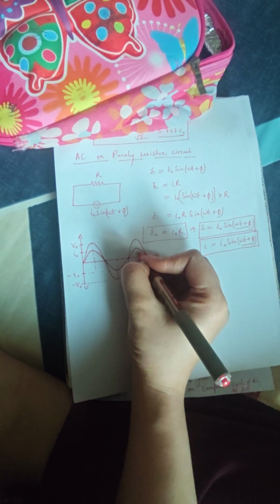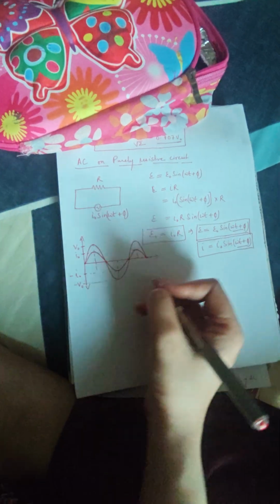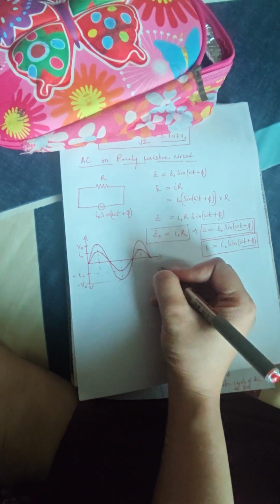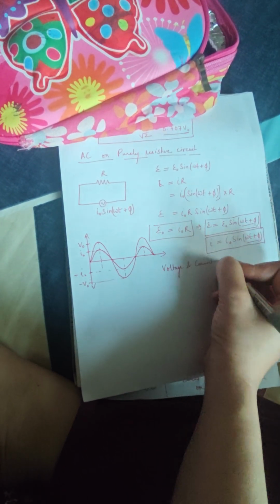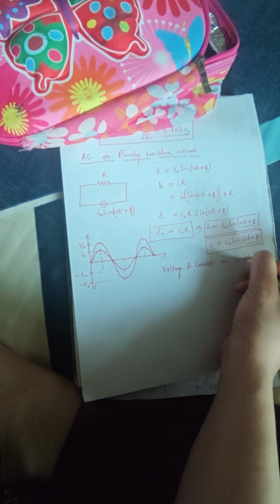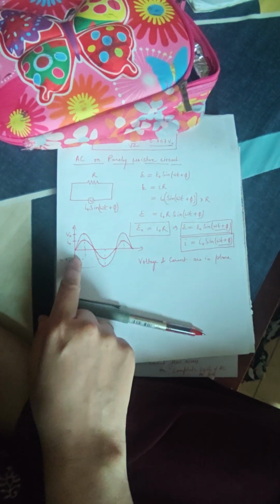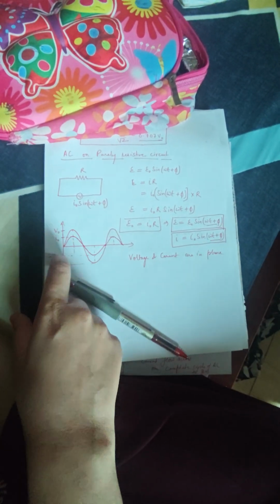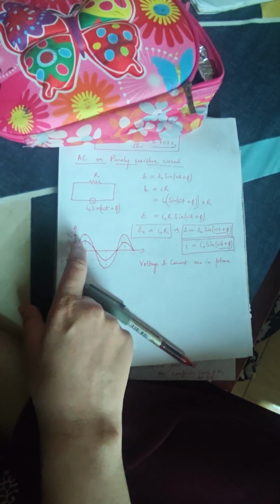So these two things, this is what we call in phase, voltage and current. Voltage and current are in phase. They are both going with the same speed. The variation that we are seeing in the value of current and voltage, it is happening at the same rate. Nobody is lagging there.